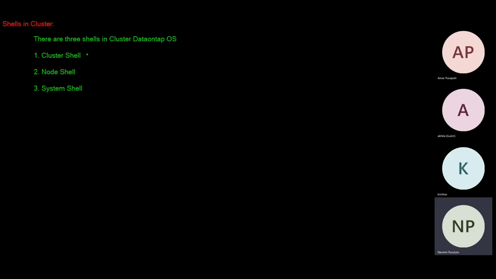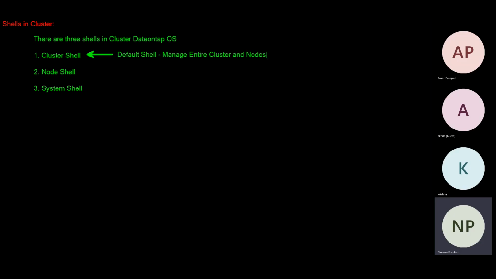So normally this cluster shell is the default shell. That means whenever you log into cluster, you will be in cluster shell. Okay. From here, we can manage the entire cluster and nodes.